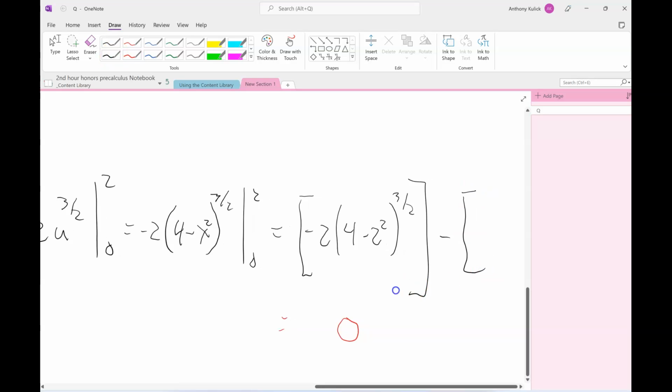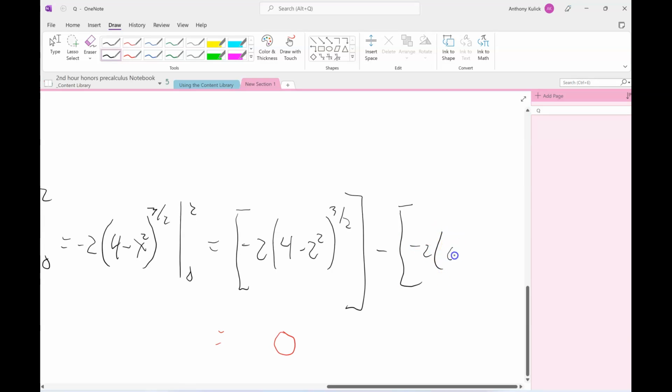And then when I subtract by 0, zero minus 2 is, oh, I'm sorry. I put it in the wrong spot. This was not 4 minus x squared.